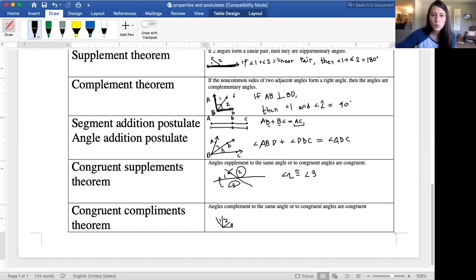So if angle 2 and 3 form a complementary angle, and then angles 1 and 2 are complementary, then angle 1 is congruent to angle 3. So they're both, angle 1 and angle 3 are complementary to the same angle. Therefore, angle 1 and angle 3 are the same.